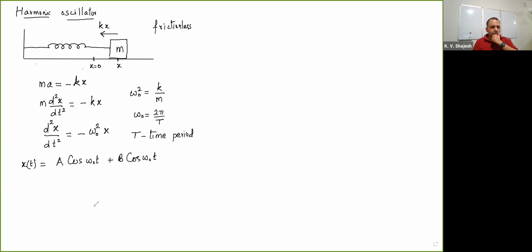And that's indeed the solution in terms of two unknown integration constants, a and b, which have to be determined with initial conditions. So usually a differential equation is not completely specified until you specify the initial conditions. So I have to specify what my initial conditions are. I'll specify it here.